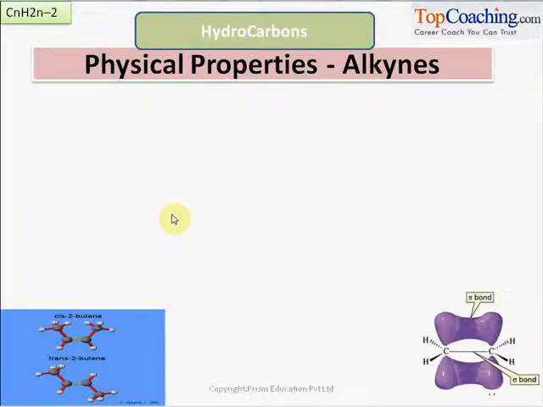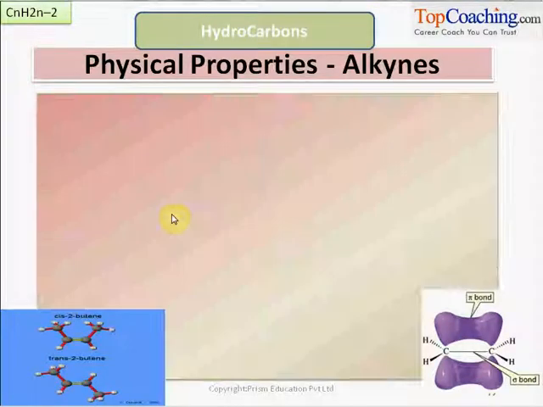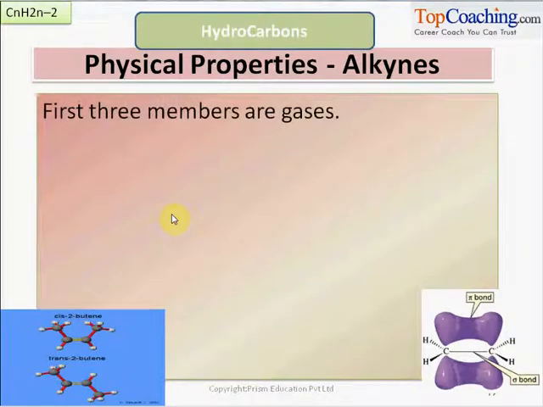We come to the physical properties of alkynes now. As always, like alkanes and alkenes, first three members are gases. And do we remember why smaller members are gases and not liquids or solids? Because a lesser number of carbons means less length of chain, which means a smaller surface area.